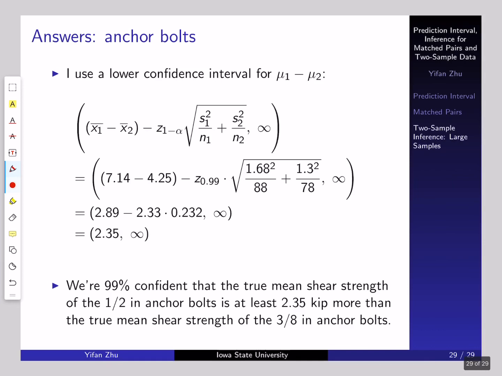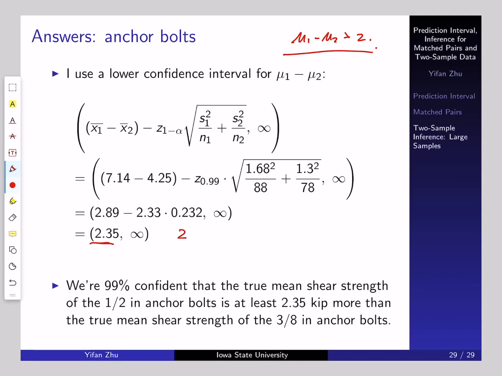And the one-sided confidence interval is a lower bound because the alternative is this, mu1 is greater, and the lower bound is 2.35.